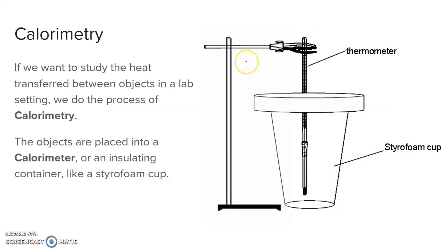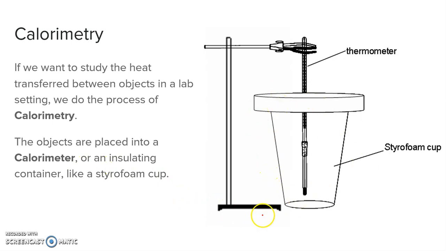Now, if we want to actually study the heat transfer in a lab setting, we do a process called calorimetry. And we do calorimetry in a container called a calorimeter. And a calorimeter just has to be an insulating container to keep all the heat in. A very easy calorimeter is a styrofoam cup, and that's what we're going to be using in class.